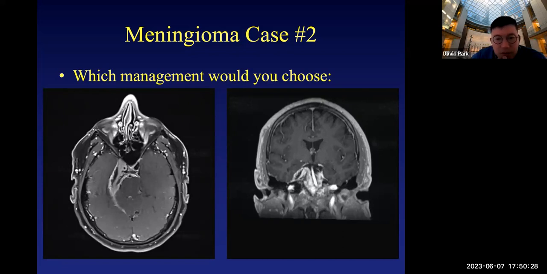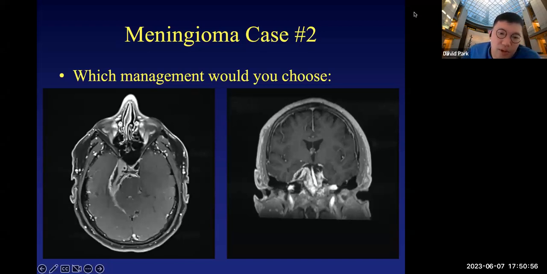But first of all, I think observation is not a good option at this point. He's already symptomatic. Although neurologically he was normal, his double vision and his visual symptom seem likely to be related to this tumor. And I think there's no point to wait and just scan and observe.